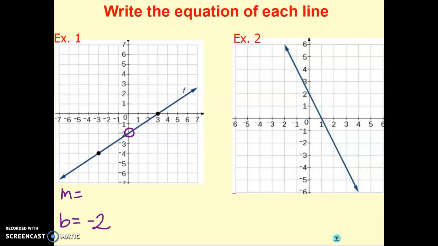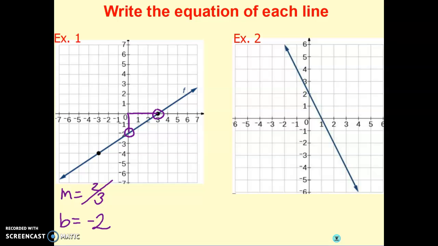From my beginning point, I'm going to count to this next point. What is the rise and the run between those two points? I would count up 1, 2, so up 2, and then over 1, 2, 3. So 2 up, 3 over makes my slope a positive 2/3.